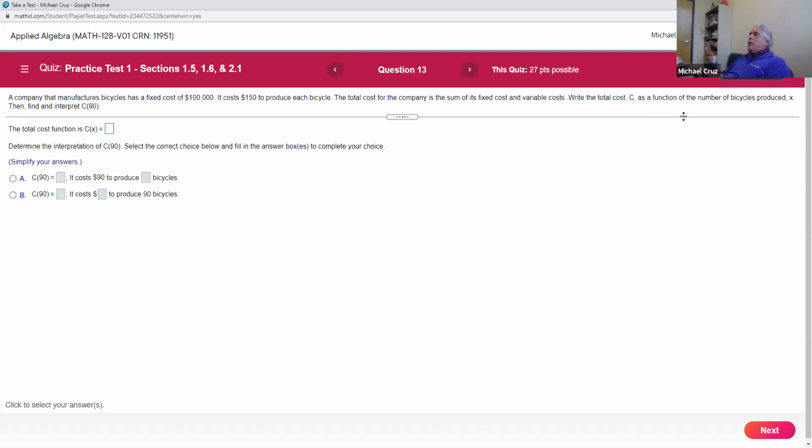All right, so in order to get this shop up and running, you have to pay $100,000. Even if it were just 0 bicycles, to get the shop up and running, it's $100,000. So each bicycle then is going to be $150.